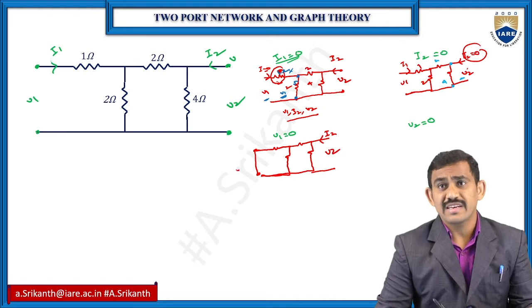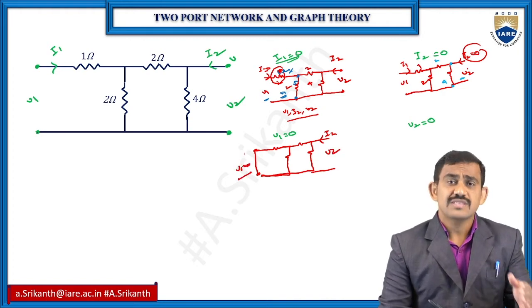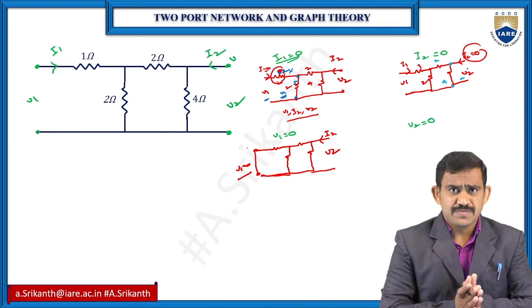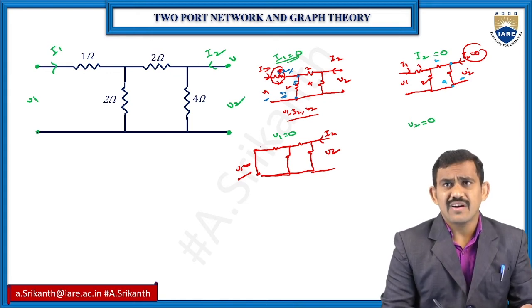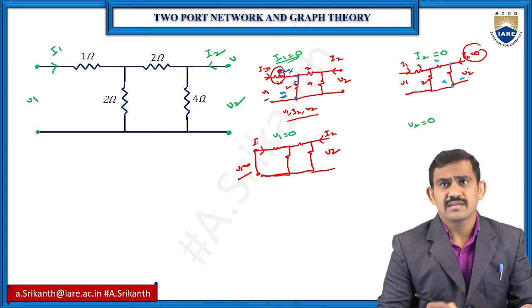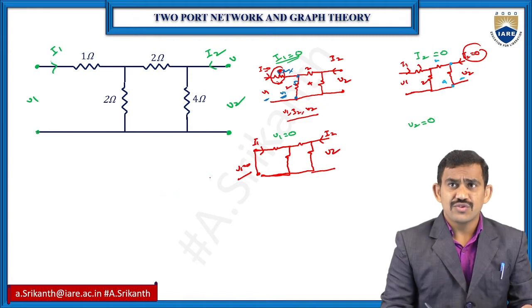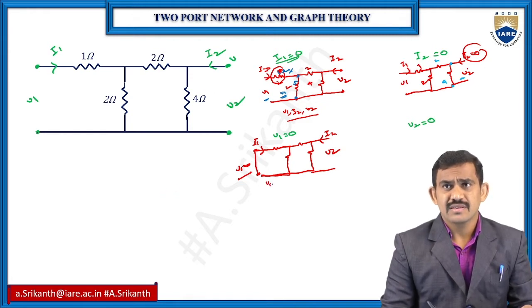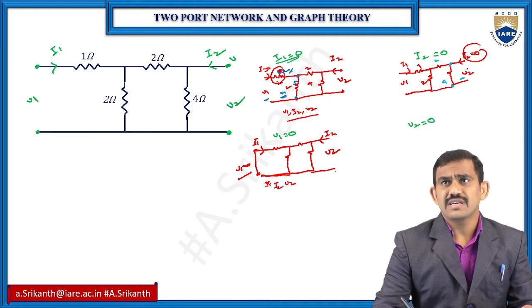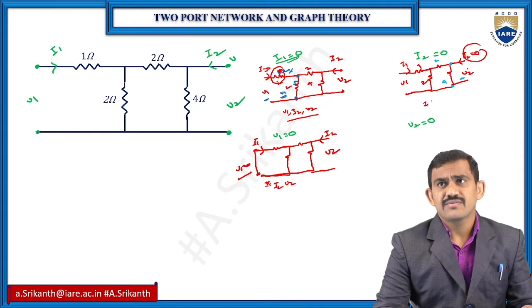Here V1 is 0, meaning the primary side is short circuit, and we have the I1 current. Now we need to find I1, I2 as well as V2. Here I2 is 0, so we need I1, V1 as well as V2.